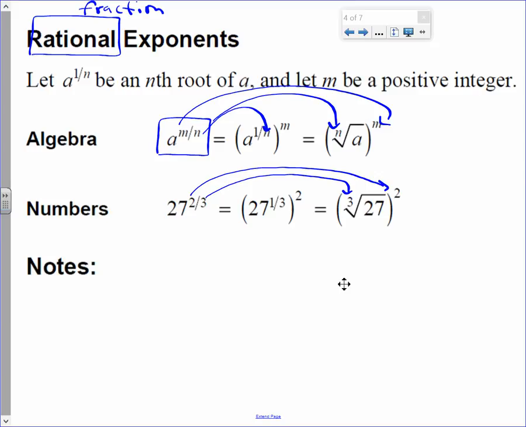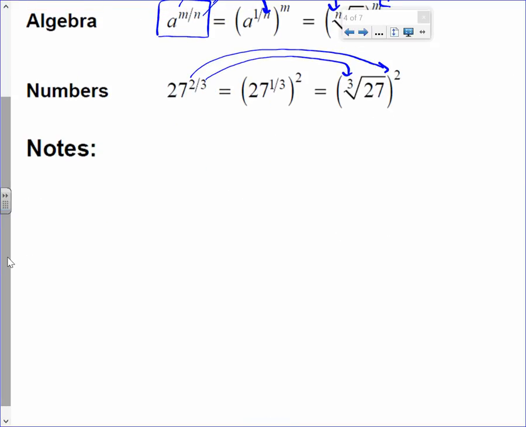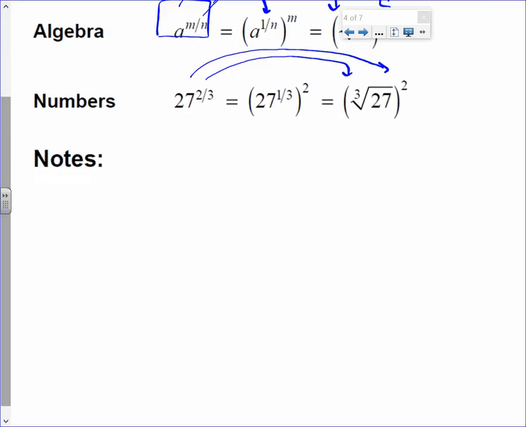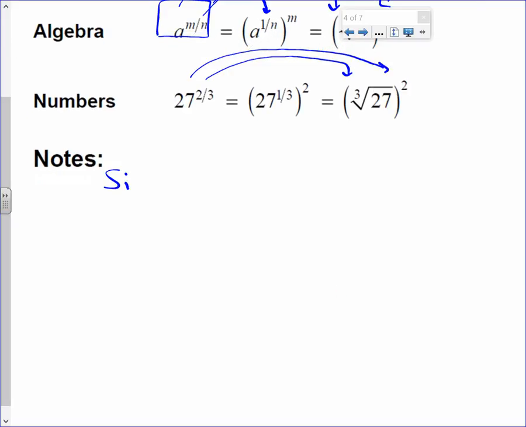So you have a little note section. Let me give you a few examples. What is 8 to the 2/3 power? All right, simplify. Notice it's not just 8 to the 1/3 now, it's 8 to the 2/3 power. Let's evaluate this.